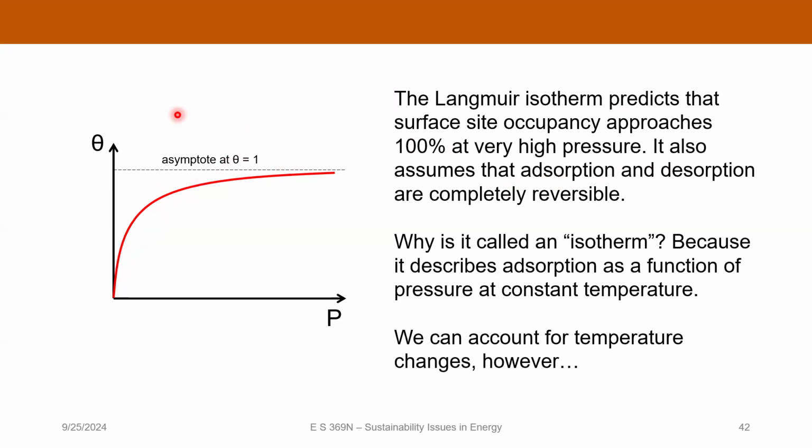Okay, so in practice, what this means is that the easiest way to get CO2 molecules to desorb from the surface is to reduce the pressure. Okay, and so that's one way of doing it.